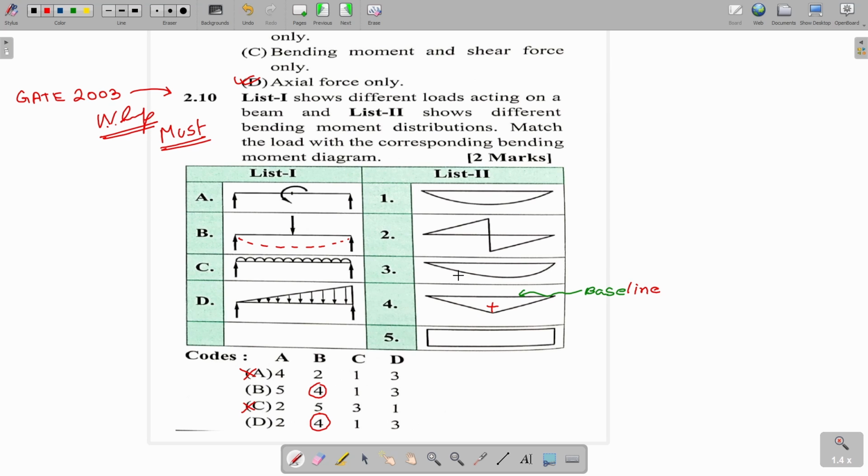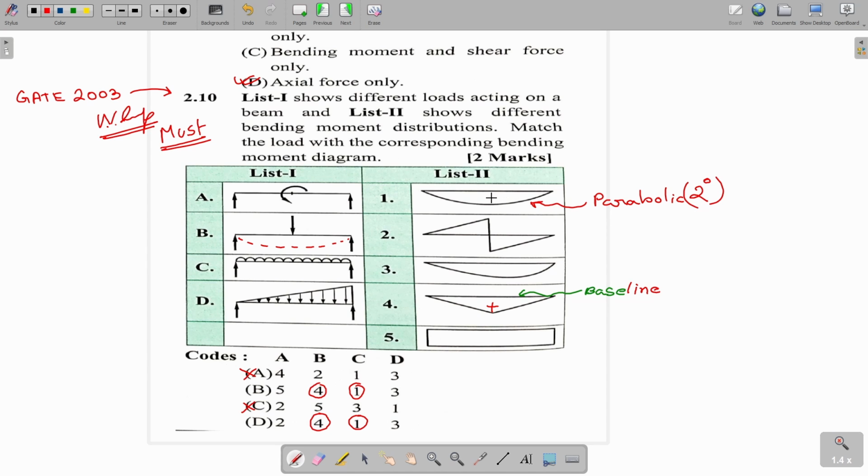Now for option number C, from this given question we can see that it is either option number B or option number D, right? We can see that C is 1. This is a parabolic curve, a 2-degree parabolic curve.